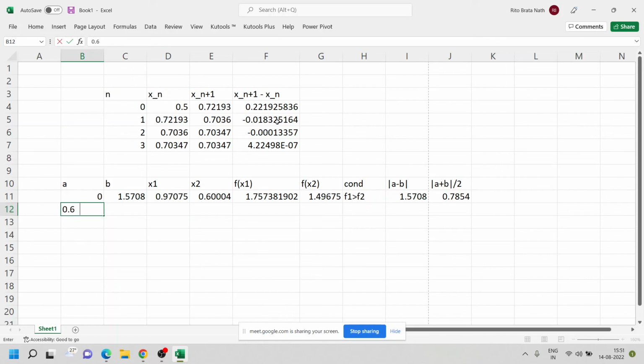Be careful when you solve a maximization problem or a minimization problem. And then you can just drag this formula here, so it will automatically calculate the next update for you.